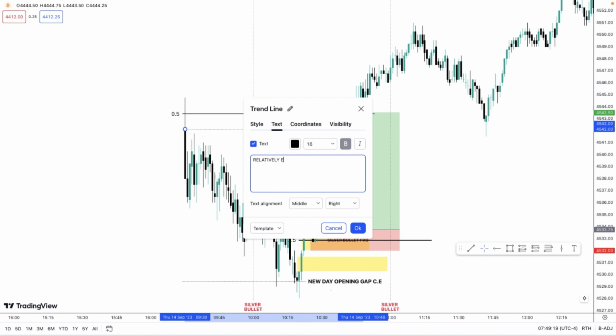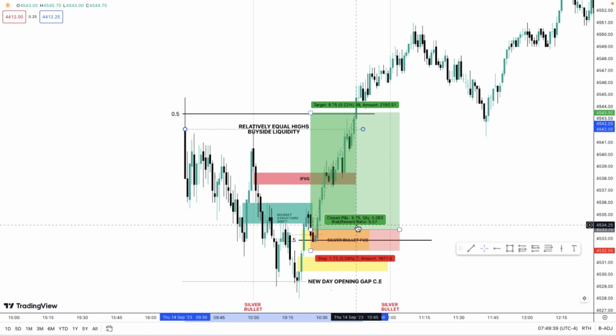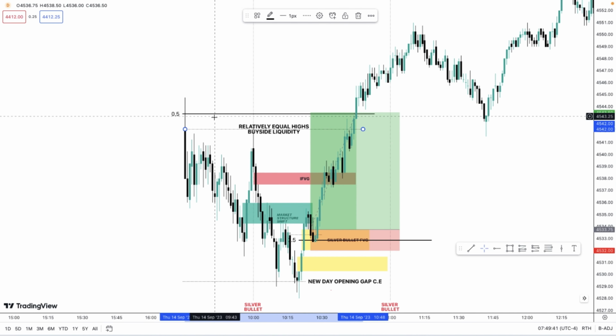You put them in the center. In other words, this is buy side liquidity. So there's buy stops.